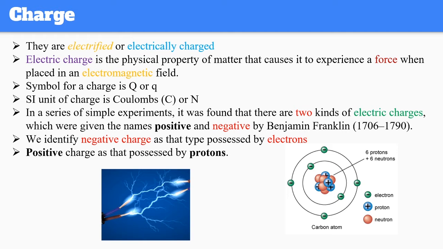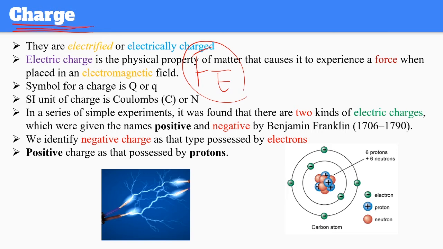So charges are able to attract and repel each other. And that repulsion and attraction is going to produce an electric force. All right, so we're going to show it with Fe. And the reason for that electric force is charge.